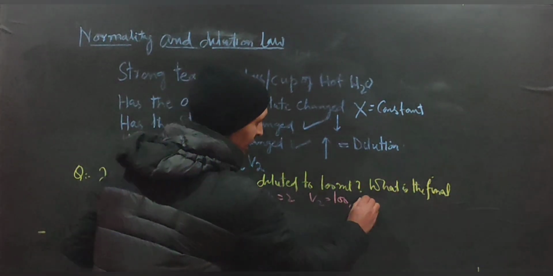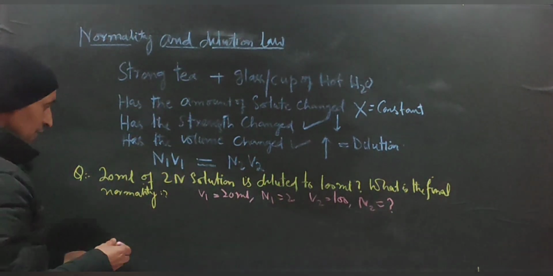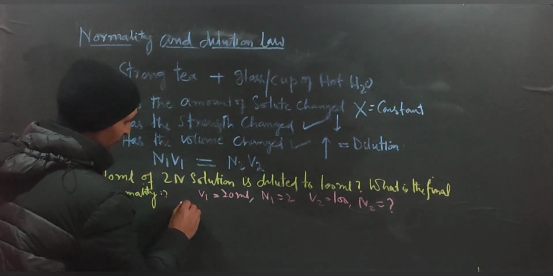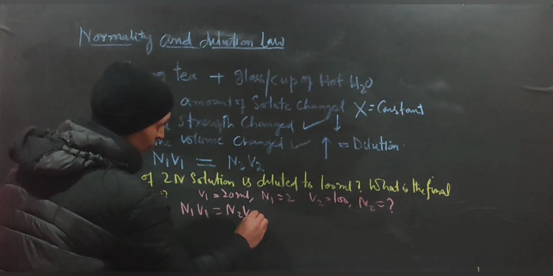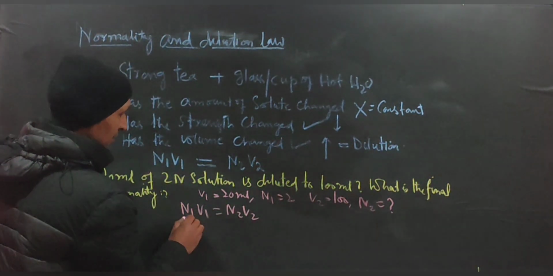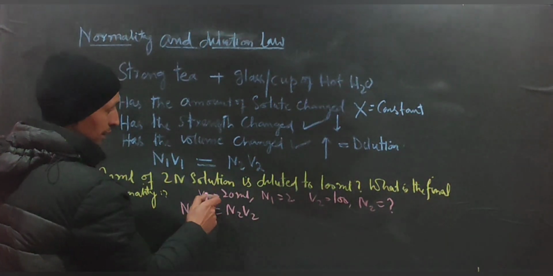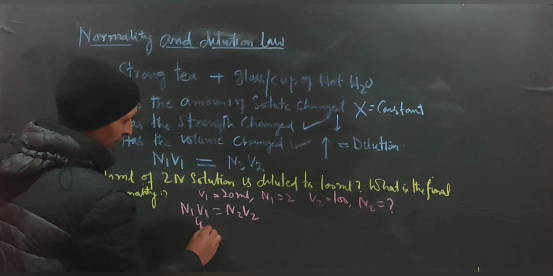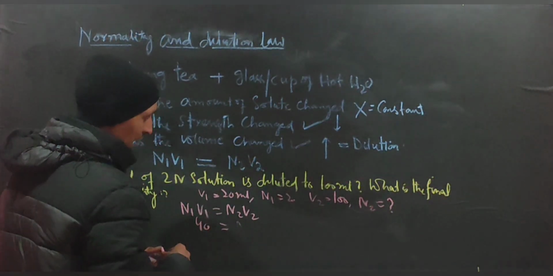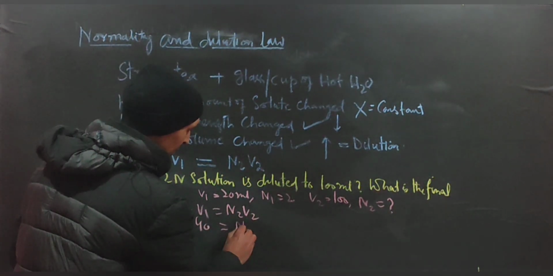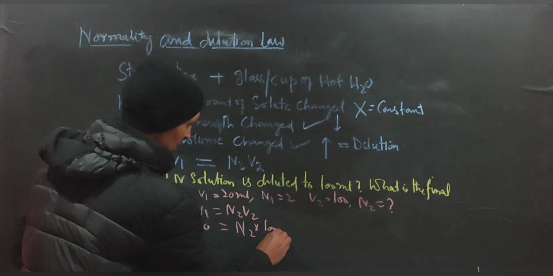What do you have to calculate? N2. So what will you apply? N1V1 is equal to N2V2. N1V1 is 2 into 20. N1 is 2, V1 is 20, 2 times 20 is 40. 40 is equal to N2 into volume, which is 100.